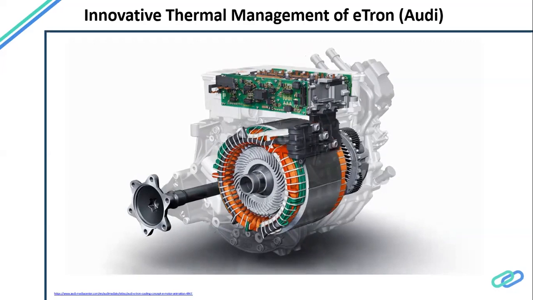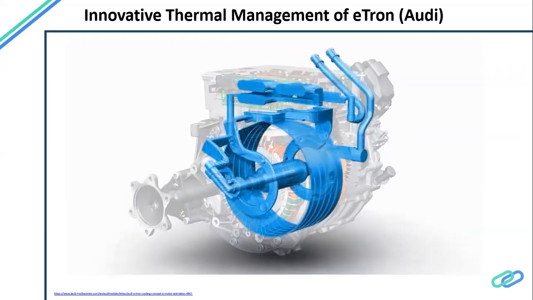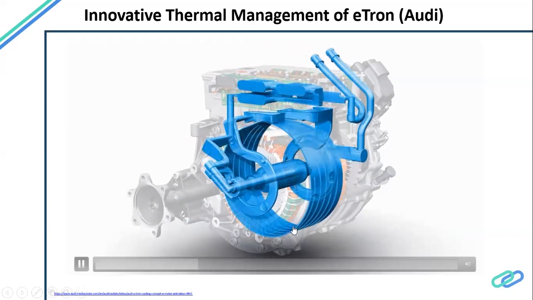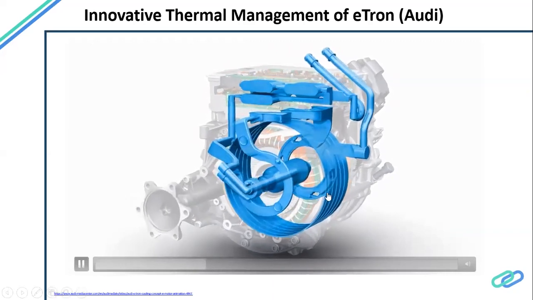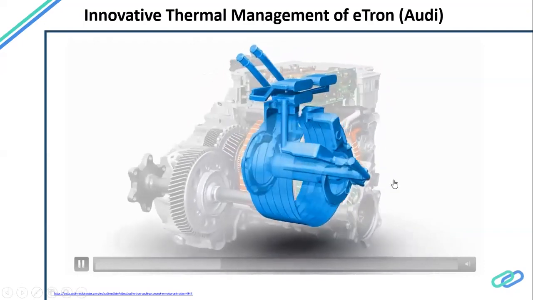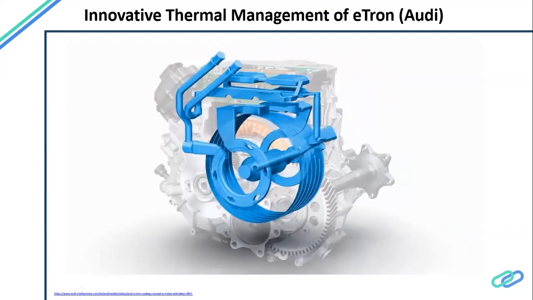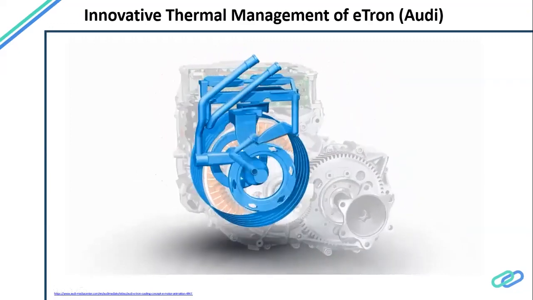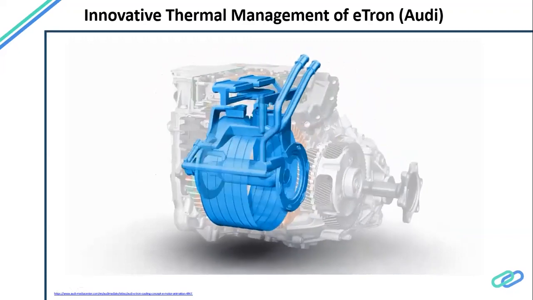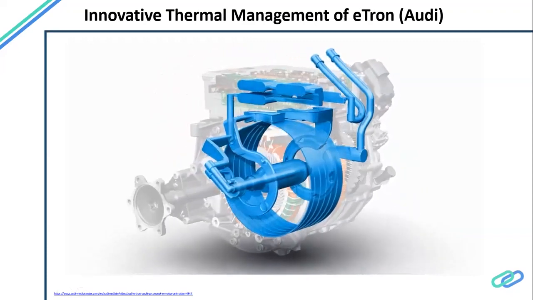So they have cooled it nicely. You can see the blue area is the stator, the outer part, and inside you can see the rotor part. The coolant goes in, and how we define the flow of the fluid and how it enters matters.